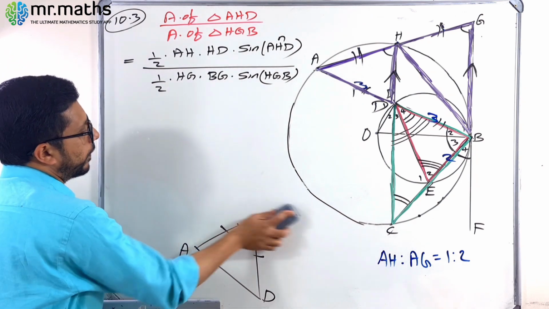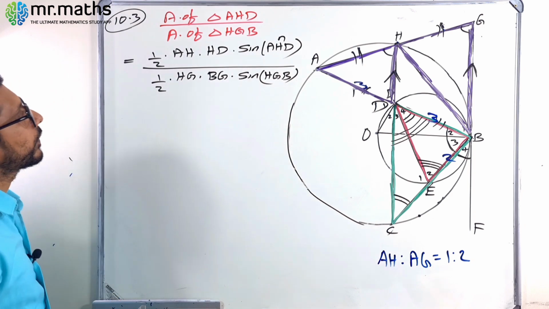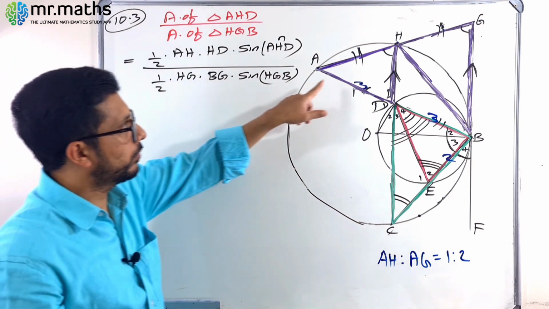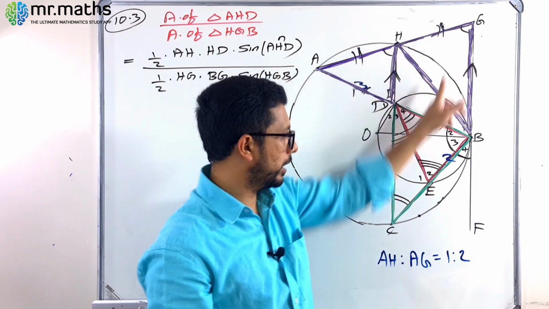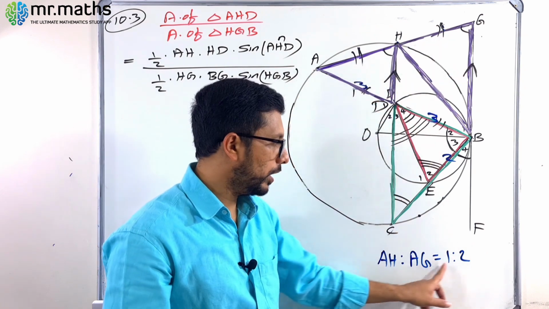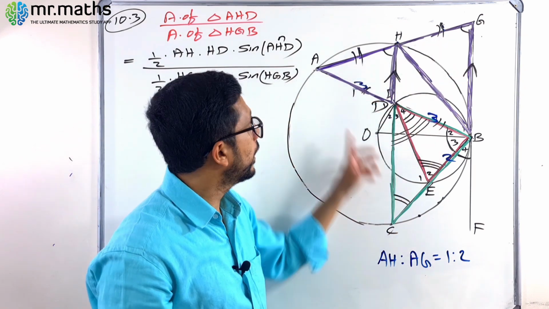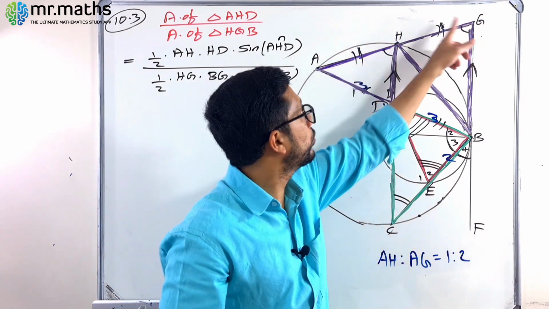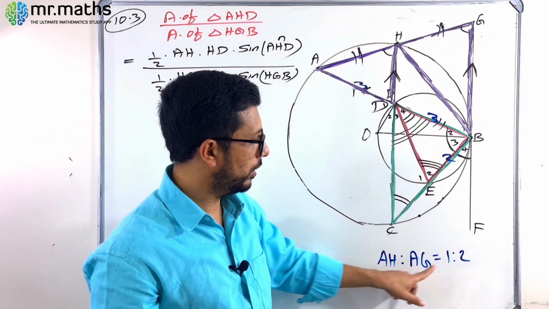Now look at this one here. These AH and HG are the same length. Can you see that? AH and HG are the same length because of this ratio 1:2. It means AG is 2, and what is this ratio? AH is 1.